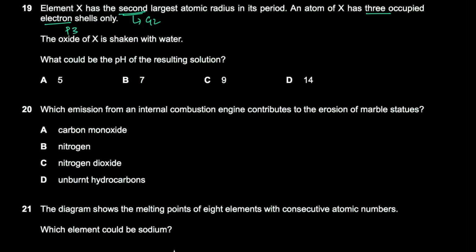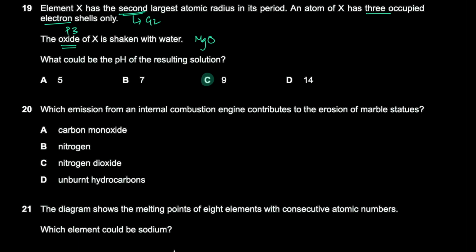So in group 2 and period 3, we have magnesium. So the oxide of magnesium is magnesium oxide. And we know that magnesium oxide is partially soluble in water. It's considered to be insoluble or very partially soluble. So because it's partially soluble, it forms a slightly alkaline solution. Now again, it is a strong base, but because it's not very soluble, the pH is not very high.